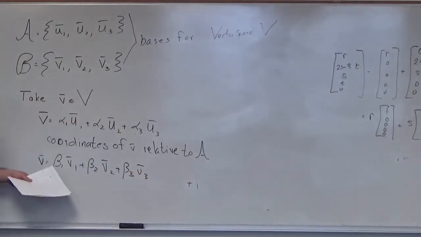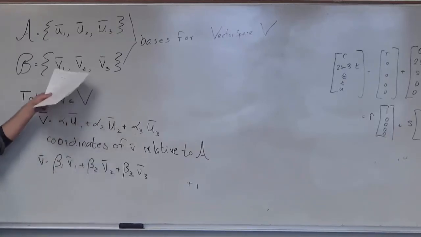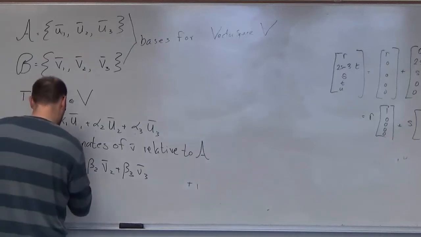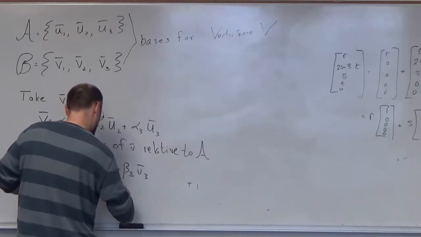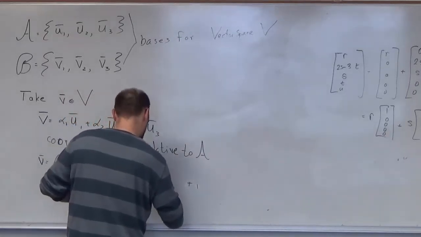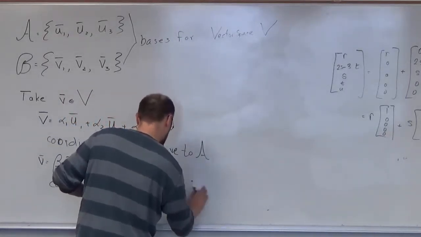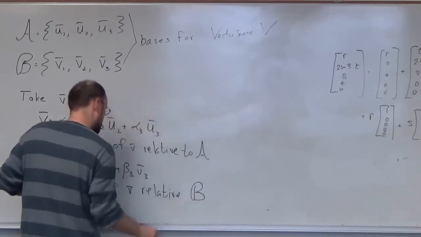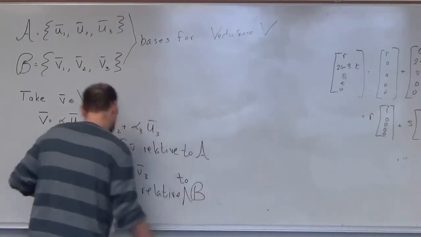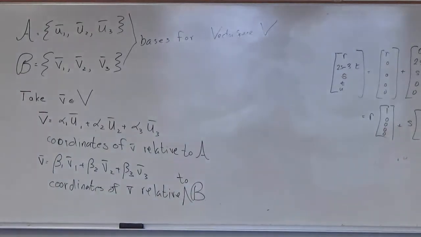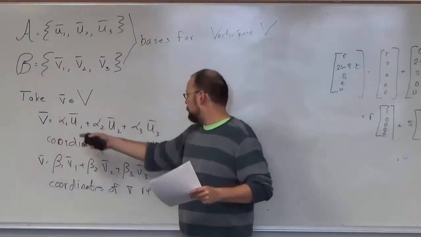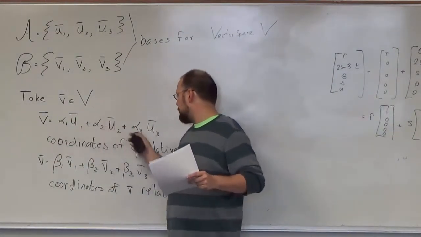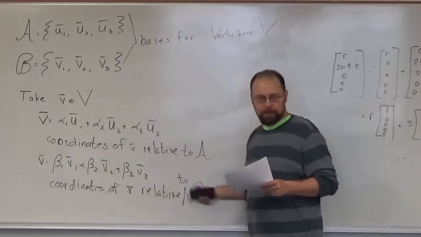So the betas here are the coordinates of the same vector V, but relative to basis B. So this is the same vector. Just we have two different coordinate representations because we're using different bases.